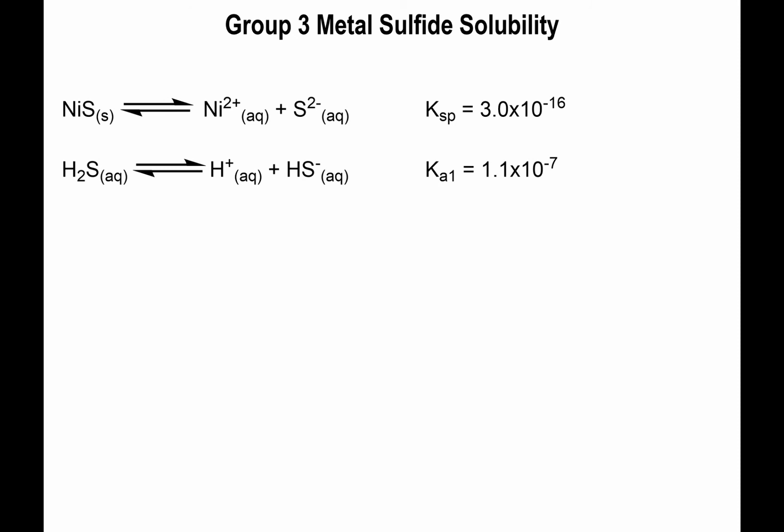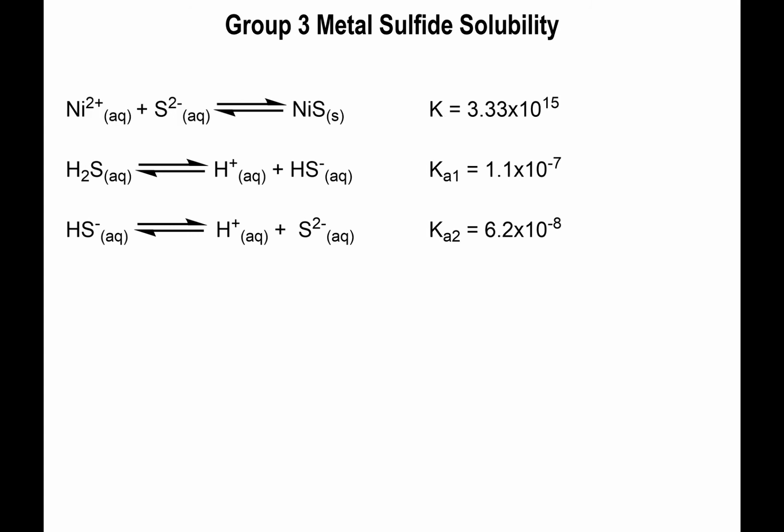So once again we look at the process of H2S deprotonating, ultimately yielding the sulfide. And what we did before for copper, we applied also to nickel, meaning that we're going to reverse the KSP equation, which means that we will raise the KSP to the negative 1 power.